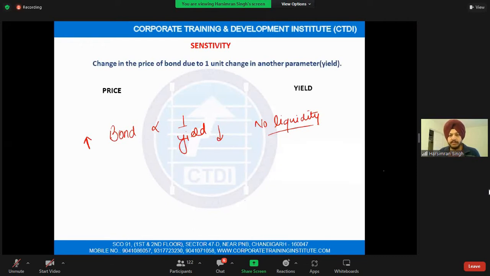I want to sell, but there is no buyer. I will not get a good price, or I might not even be able to sell it. But today there is no change in interest rates. There might be some other restriction. There might be demand supply problem. There might be a problem in the economic condition.